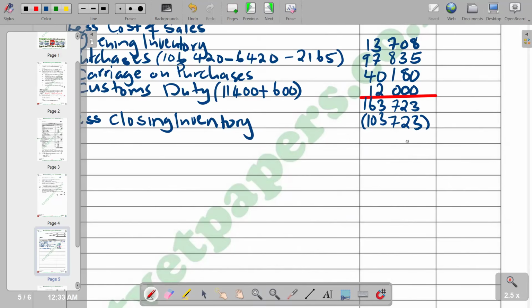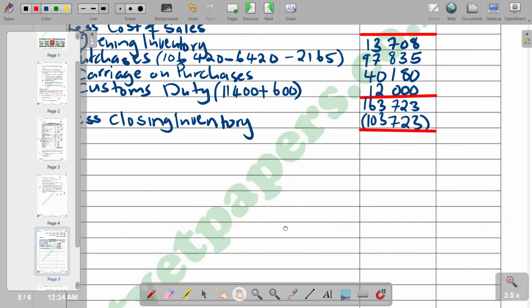Then from there, we can close, whereby we are now calculating our cost of sales, and then we close also on top here. So now we are saying 163,723 minus 103,723.